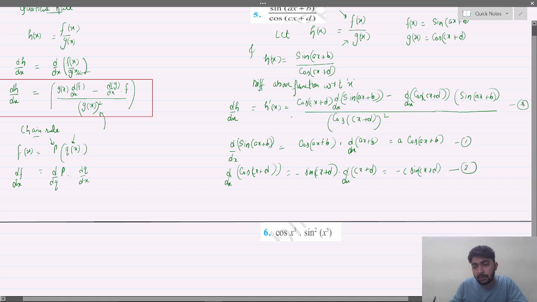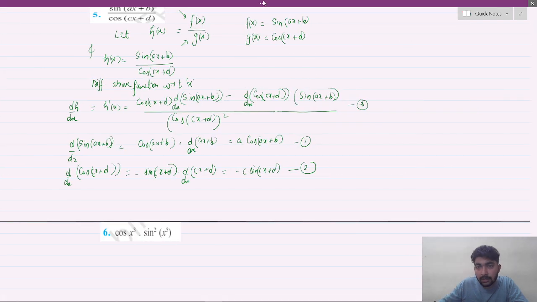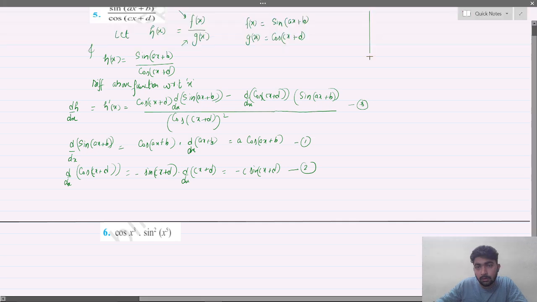Okay, now what's your dh upon dx? See here, I will write here. What is our dh by dx? We can write it from equation first, second, and star.